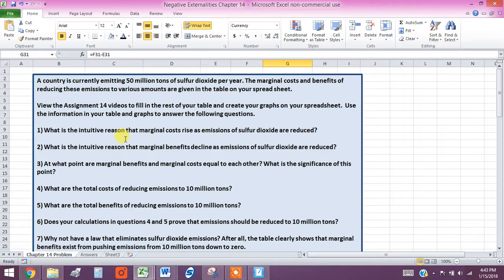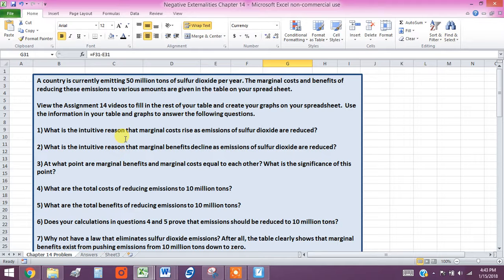what is the common sense reason that marginal costs rise as emissions of sulfur dioxide are reduced? Generally, as you reduce to lower levels, you're going to have to use more technology that's more expensive.